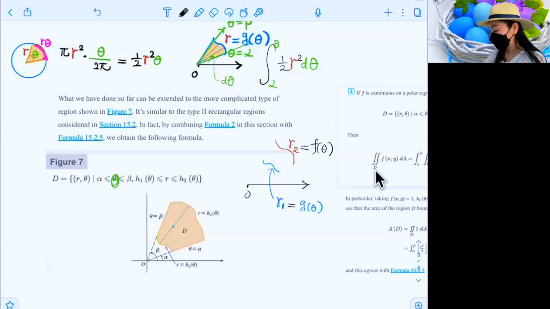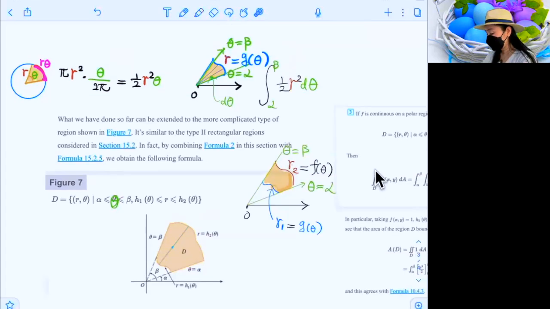Now, if you try to find the area of this part of the region when theta changes from alpha to beta, what should we do? Any idea? We know this, right? How is this part of the region related to a region like this?